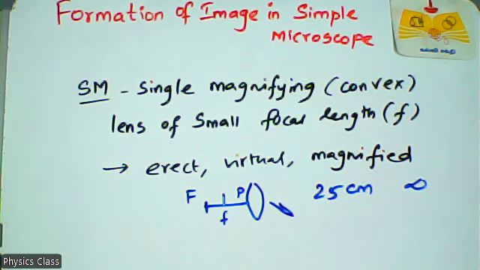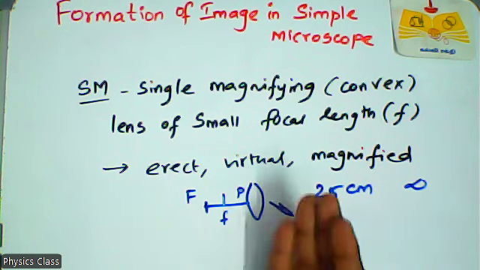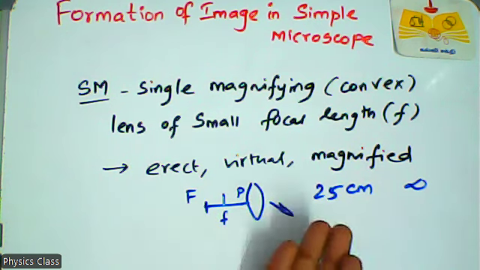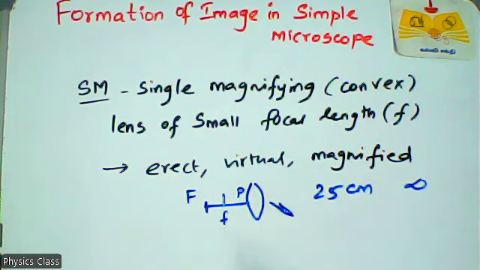Before 25 centimeter, suppose one object is placed, our eye gets strained. So the eye is least strained when the image is formed at the near point, that is, at 25 centimeter.